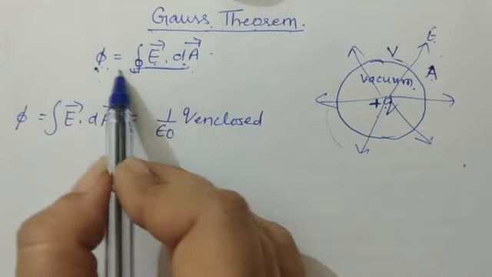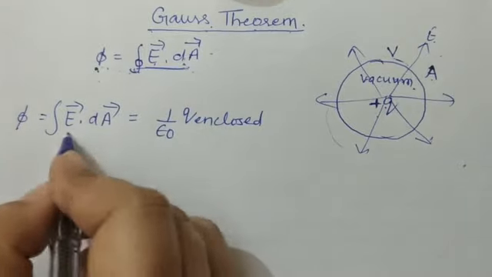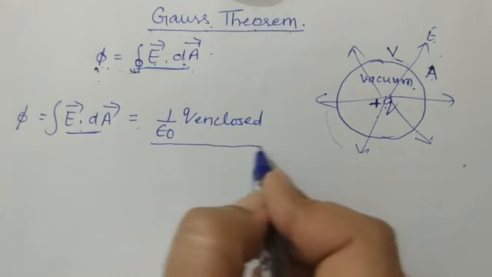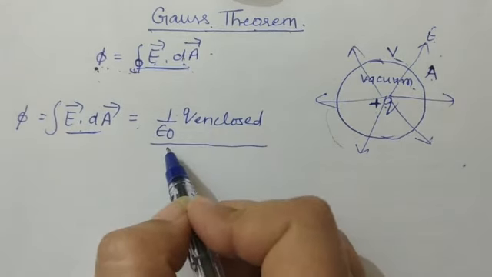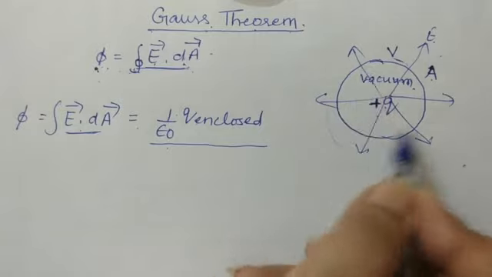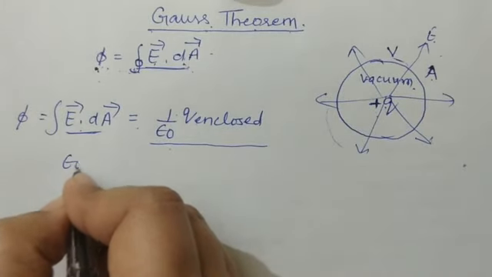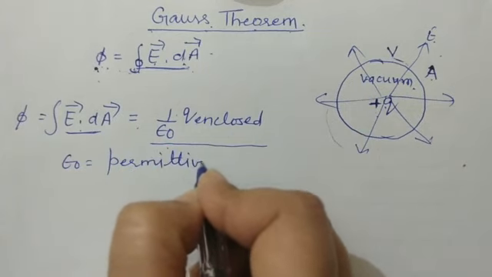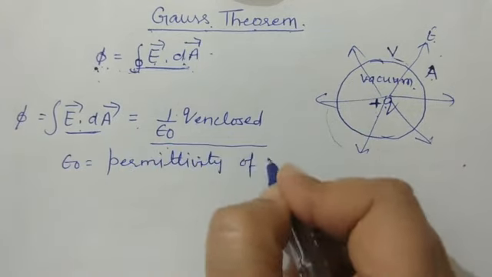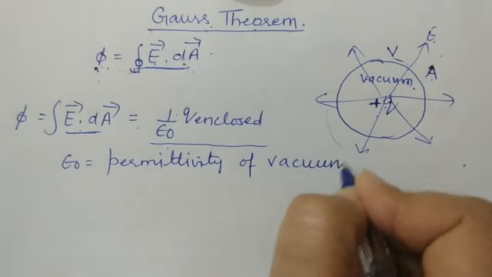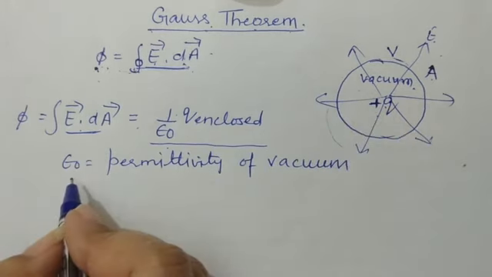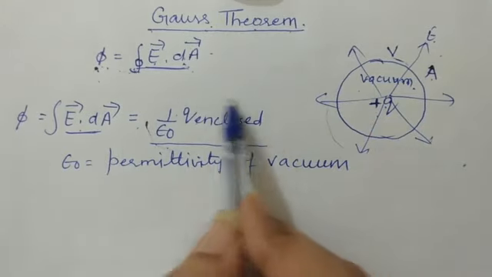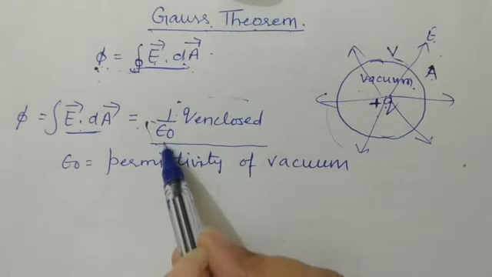Gauss said that the same thing can be calculated by a simple expression, which is 1 upon epsilon naught times the total charge enclosed in the surface. Here epsilon naught is the permittivity of free space or vacuum, because we have taken vacuum here, so we place epsilon naught. So he said this can be done in a very simple manner by taking this expression.